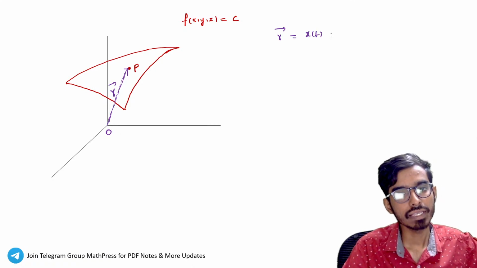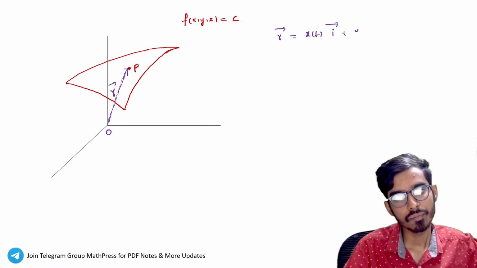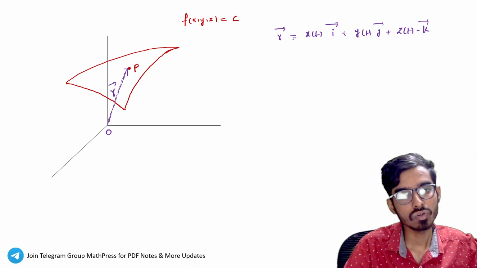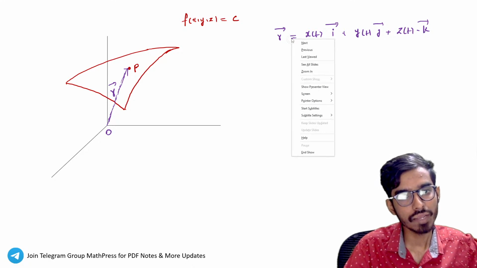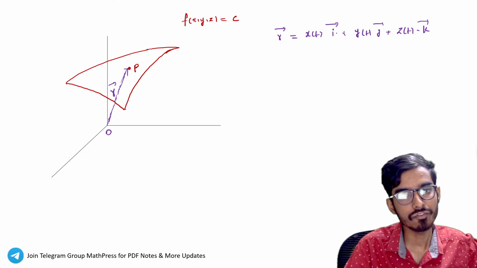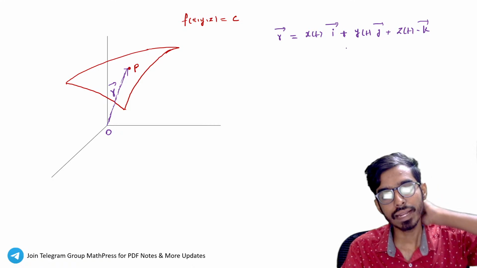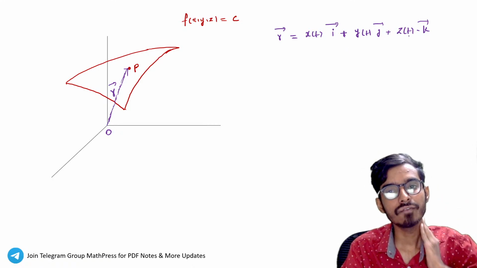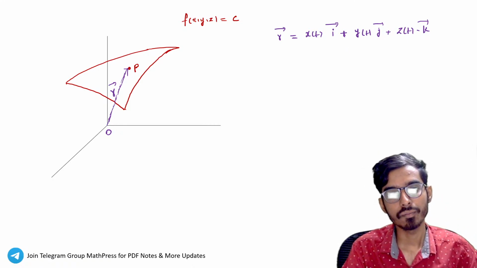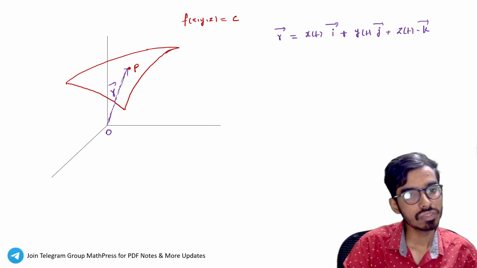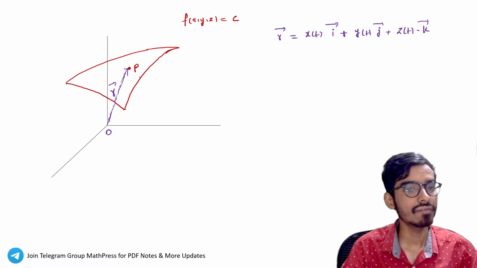Whenever we need to derive something, we always write it in parametric form. R will be xi plus yj plus zk, so in parametric form it is x of t i vector plus y of t j vector plus z of t k vector.